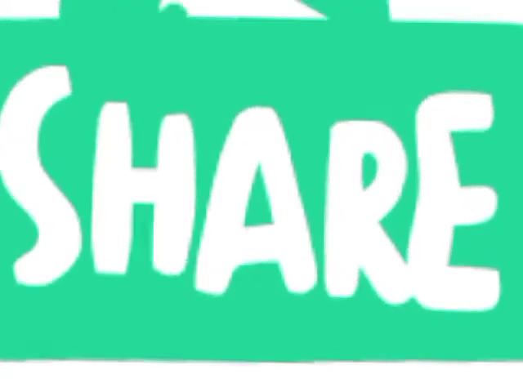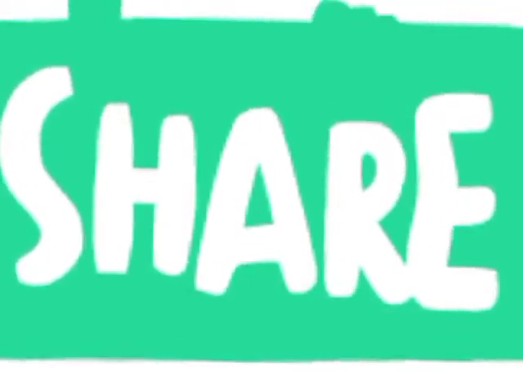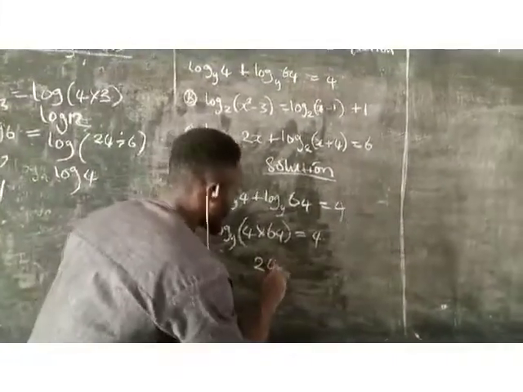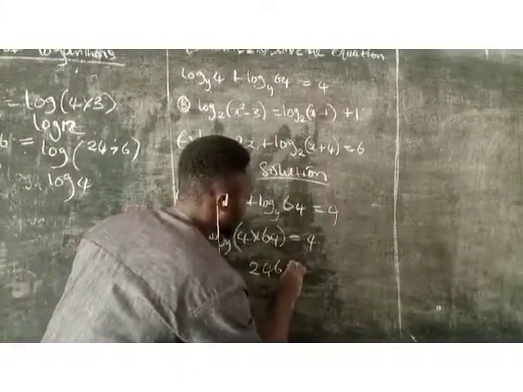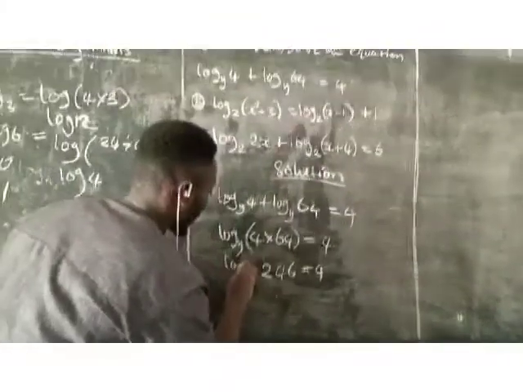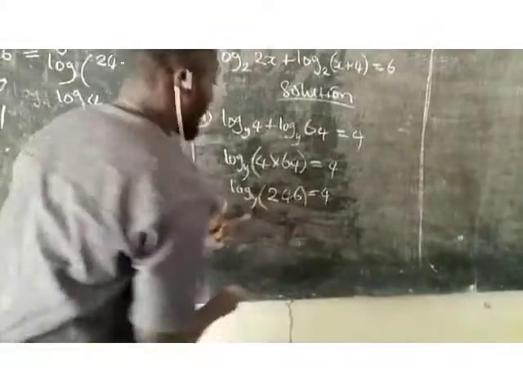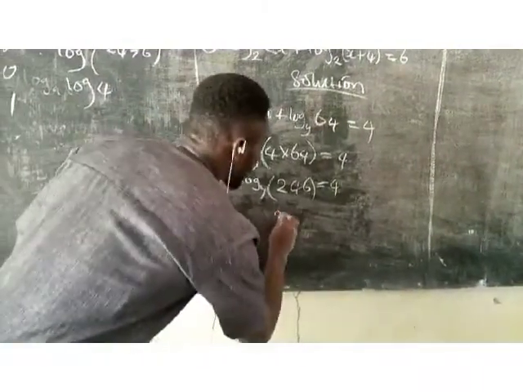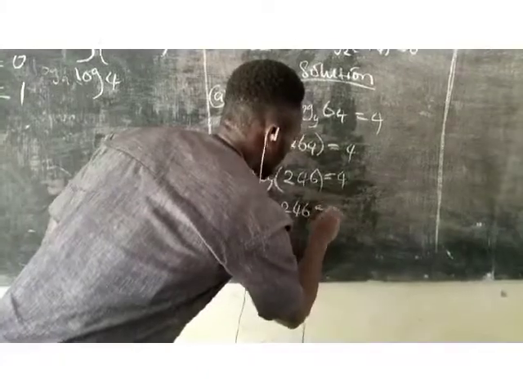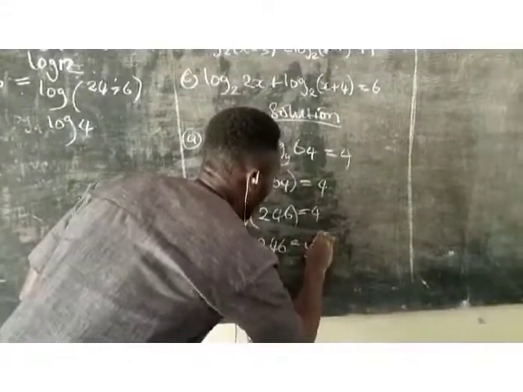Here 256 is equal to 4, that is the log of y. And this is the same thing as 256 is equal to y raised to the power of 4.